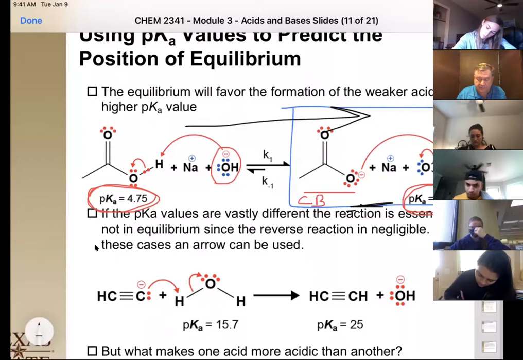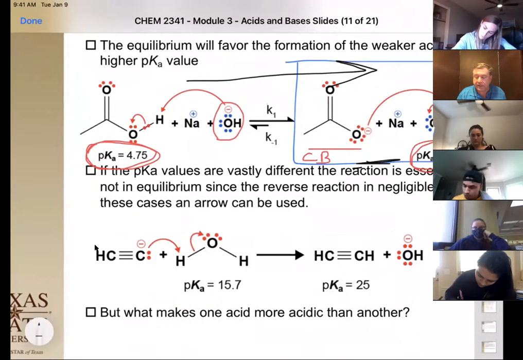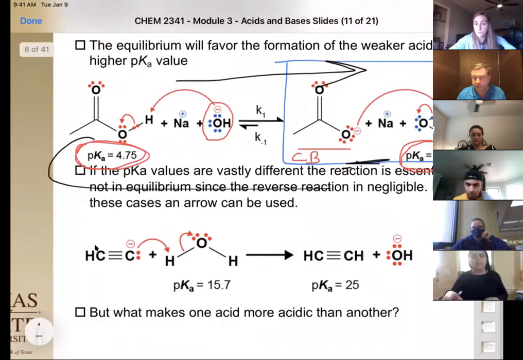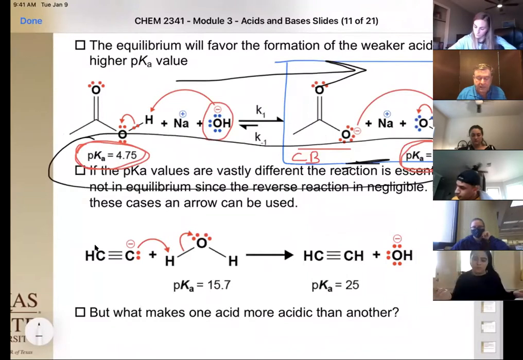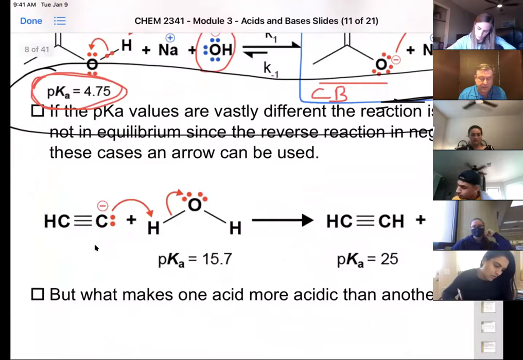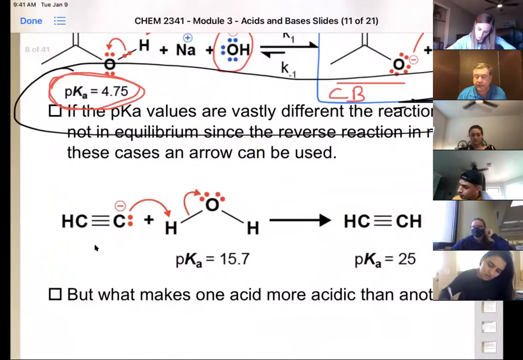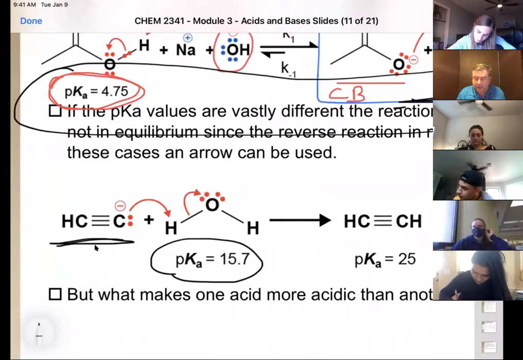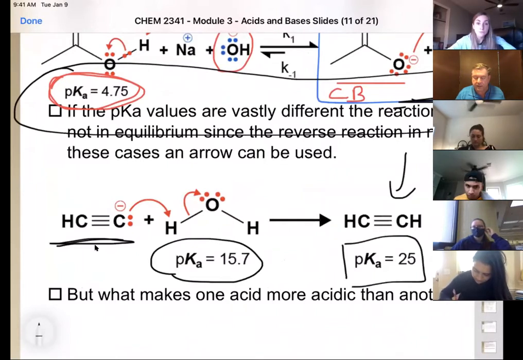So in the case of this, where our pKa's are only about 10 apart here, and we have an equilibrium right here. If we get a slightly larger difference here, let's say we've deprotonated acetylene, that sp hybridized carbon, and we're using it as the base. It can deprotonate water, which has a pKa of 15, and we look at the acid on this side is now acetylene, and it has a pKa of 25.